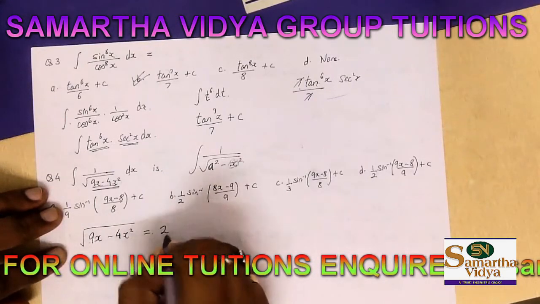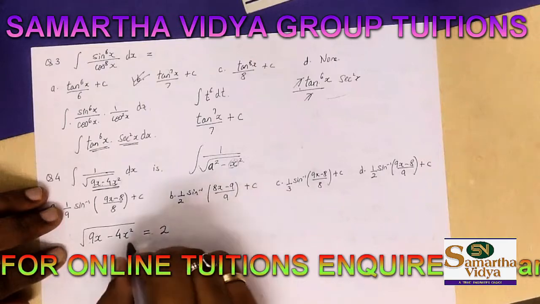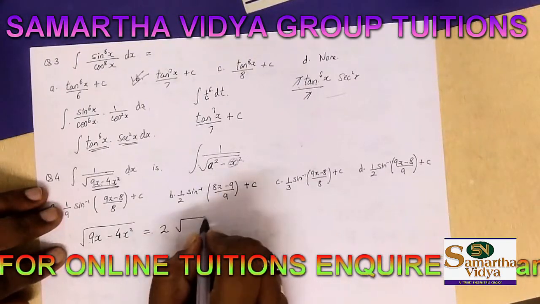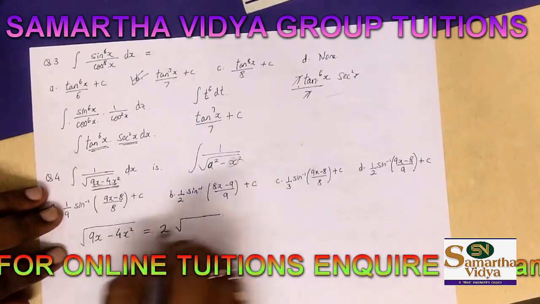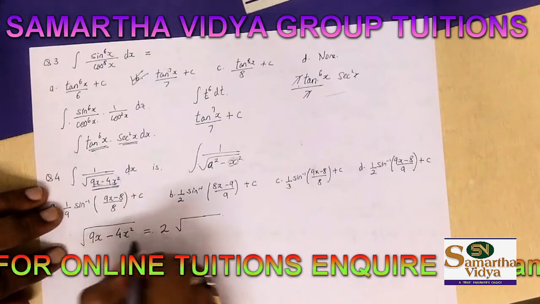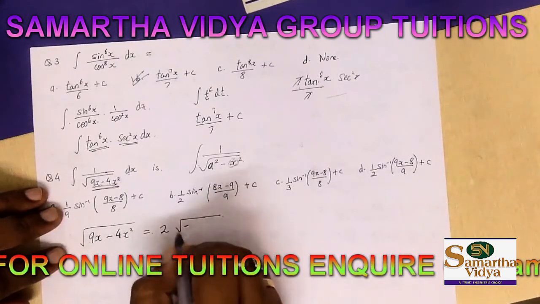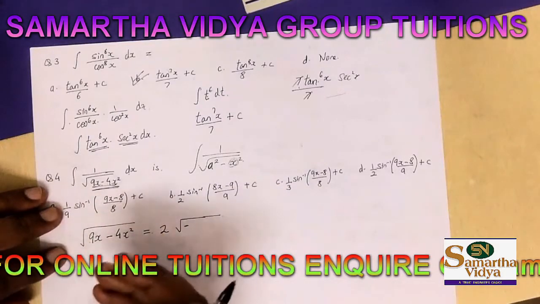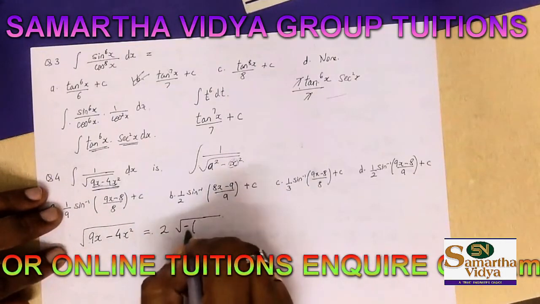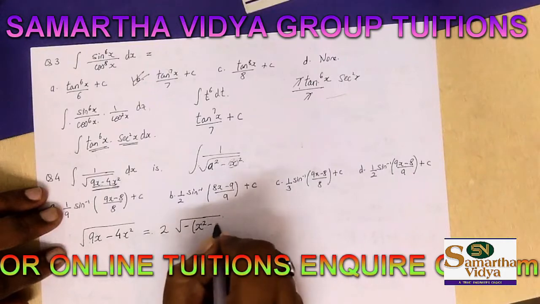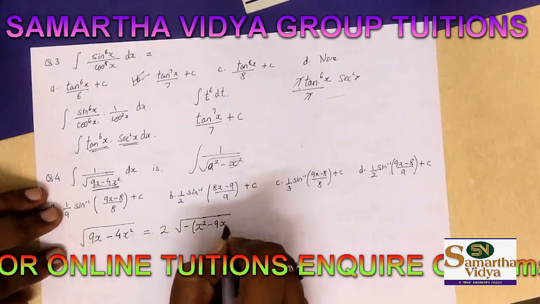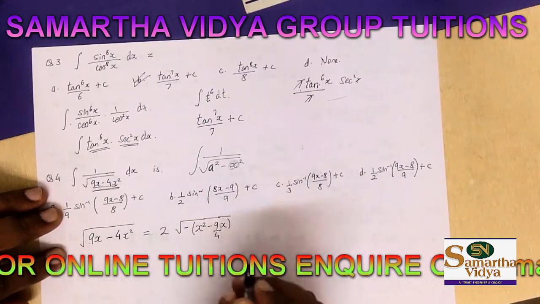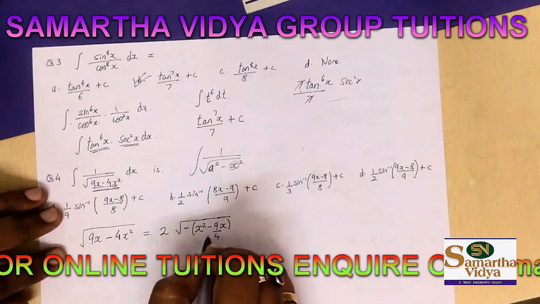So if I'm taking the 4 common outside, it's going to be 2. And I will be taking the minus sign common, but I will keep it in the root itself, because if I take it outside, it becomes imaginary. So this becomes minus x square minus 9 by 4x. So this is what we are getting.